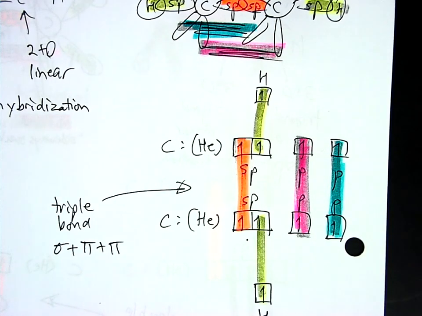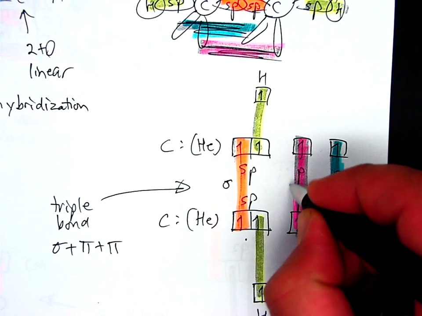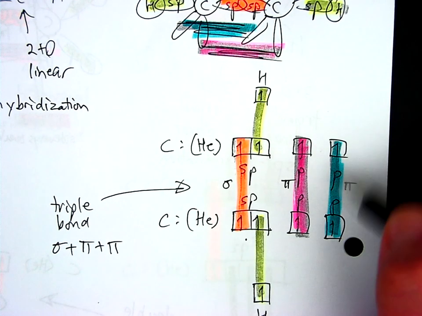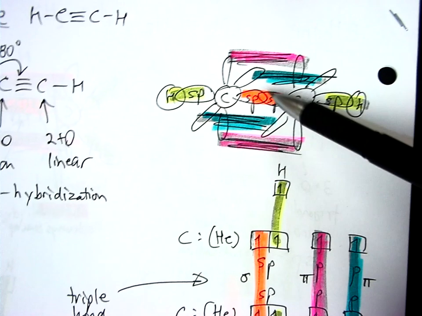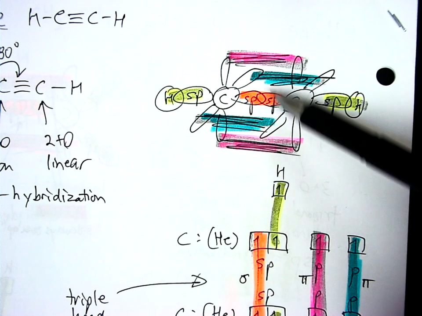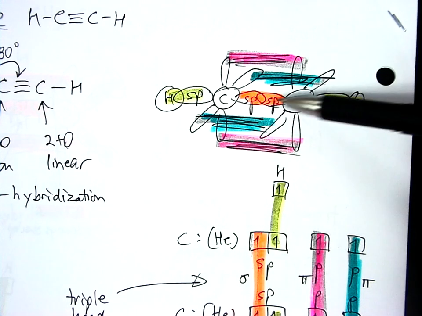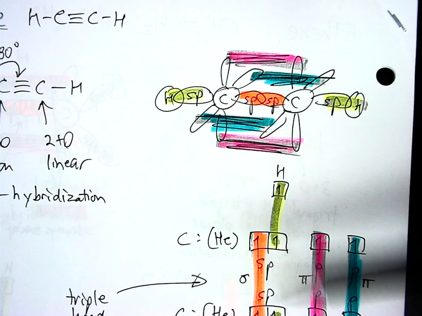So we end up having a sigma bond between the carbons and two pi bonds. And that allows us to get our triple bond. As you can see, there's quite a bit of bonding occurring around the carbons. We've got one along the bond axis, above and below, and front and back of the bond axis.